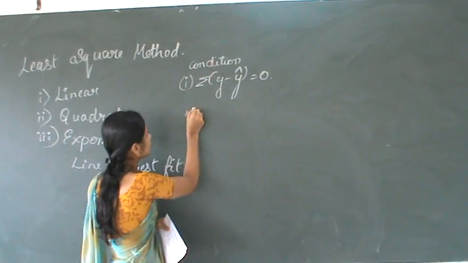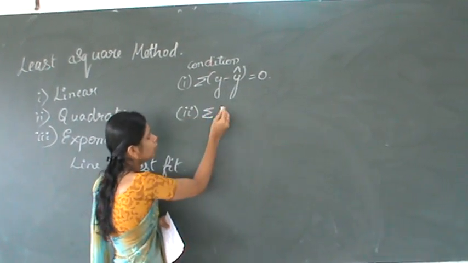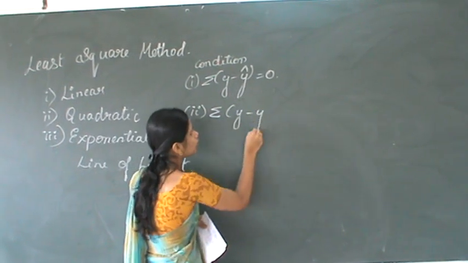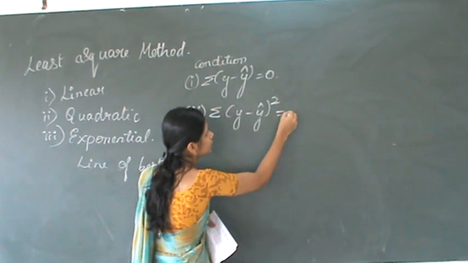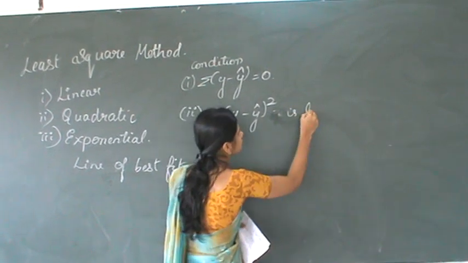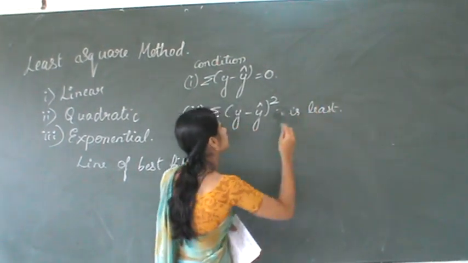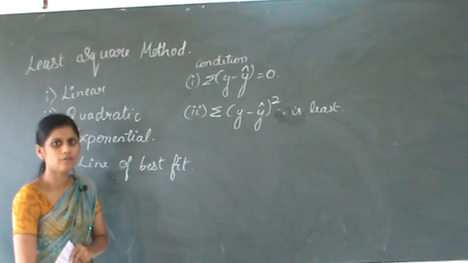Now the second condition is summation of (y minus y cap) whole square is least. This is the second condition that has to be fulfilled.